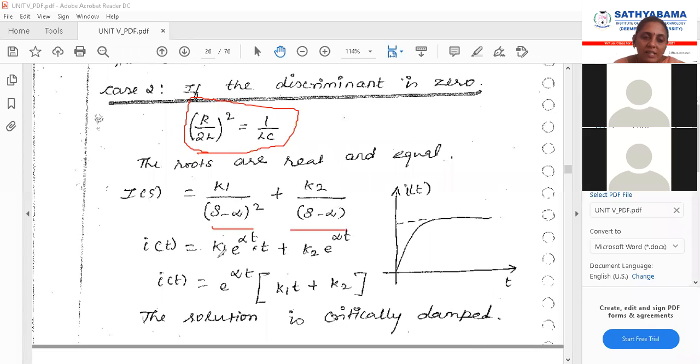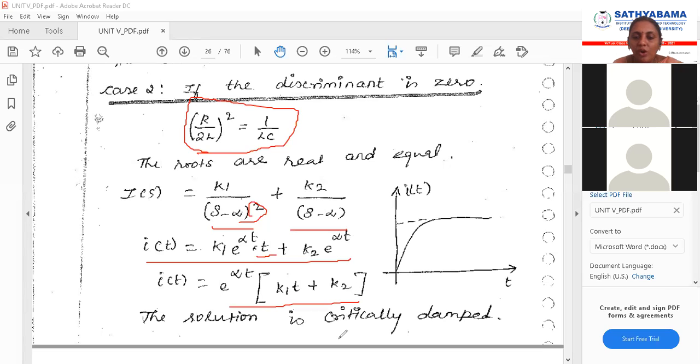Now taking inverse Laplace, I of t is equal to K1 into e power alpha t, and since we have a square term, we have a t term here. So you write K1 e power alpha t into t plus K2 into e power alpha t. Or I of t is equal to e power alpha t into K1 t plus K2.